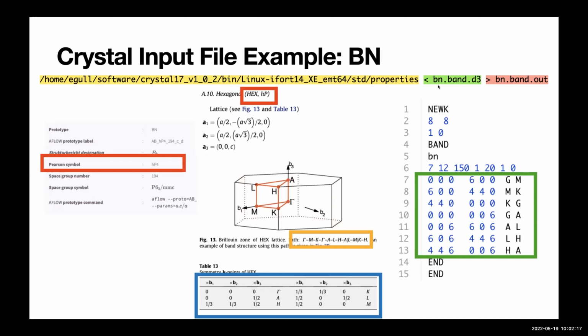You can conduct calculations for density of states, electrostatic potential maps, charge density maps, Mulliken population analysis, and so on. The input file itself has to be named with a .d3 extension. And you probably want to name the output file differently from the previous crystal calculation, so it doesn't overwrite your output file.